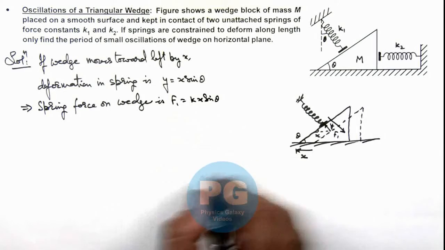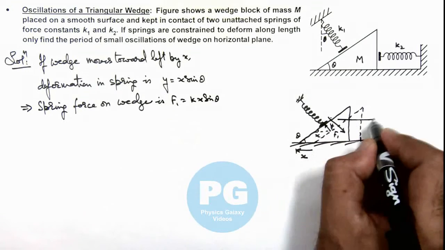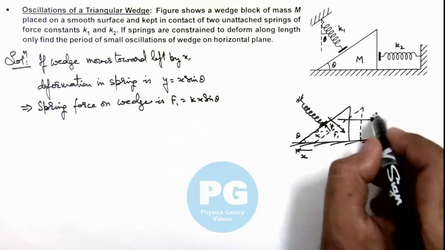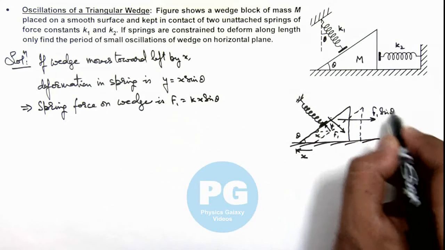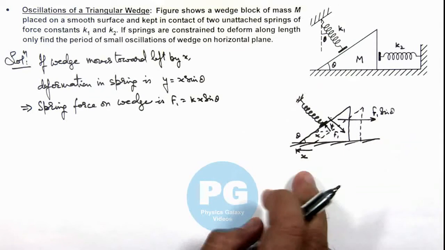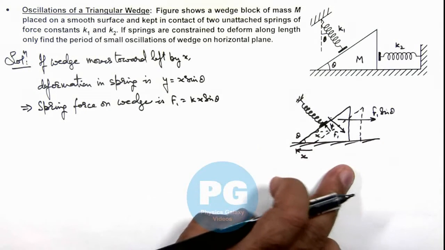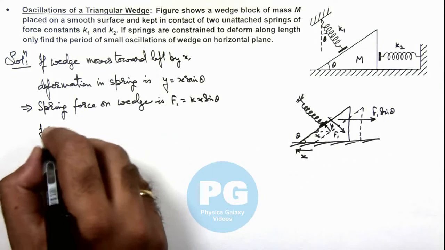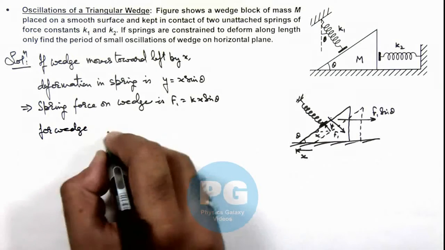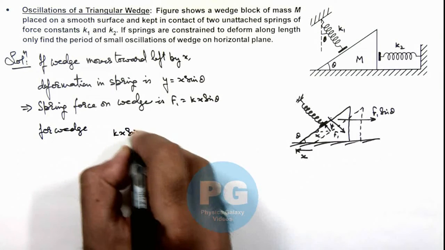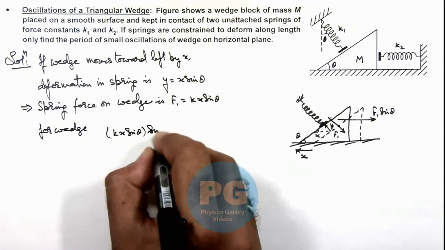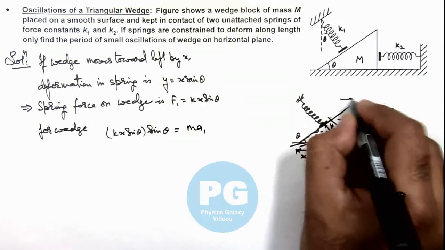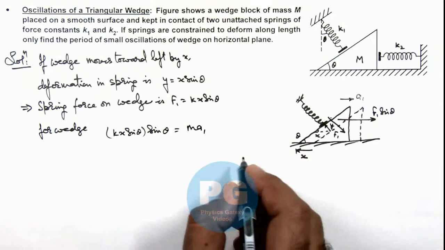So in this situation, the force with which the wedge will be moving toward right will be F1 sine theta, due to which the wedge will be experiencing a restoring acceleration. So here for the wedge, we can write k1 x sine theta times sine theta is equal to m a1, if a1 is the acceleration with which the wedge is moving toward right.